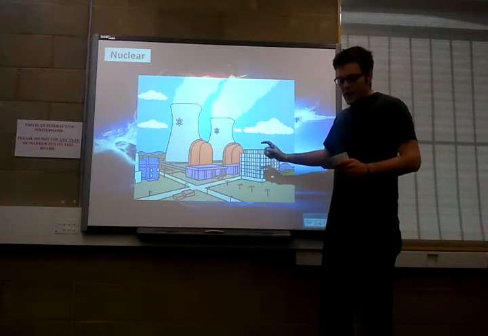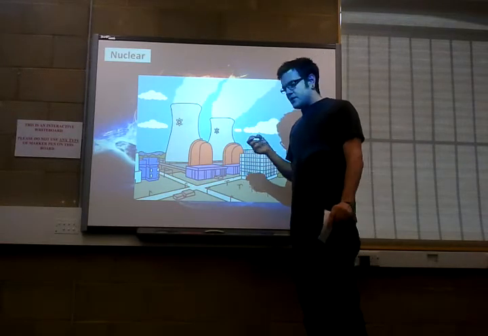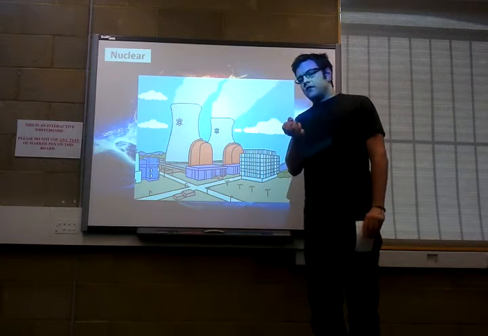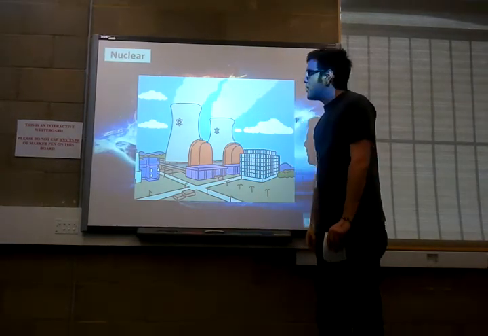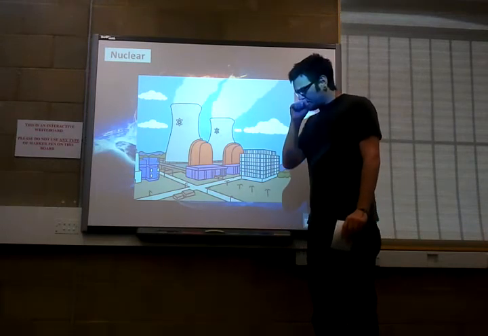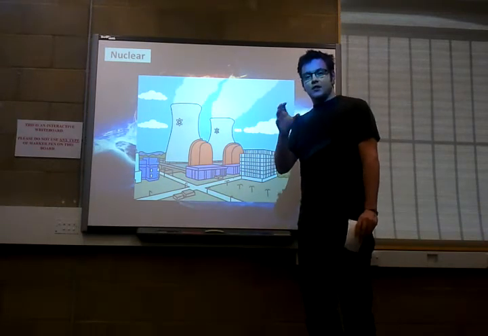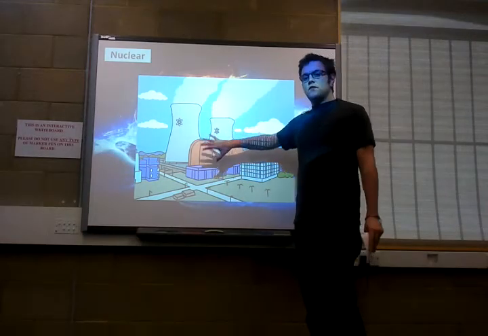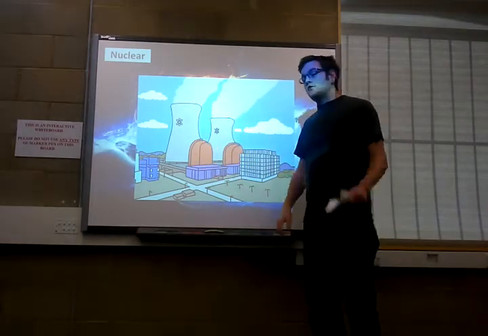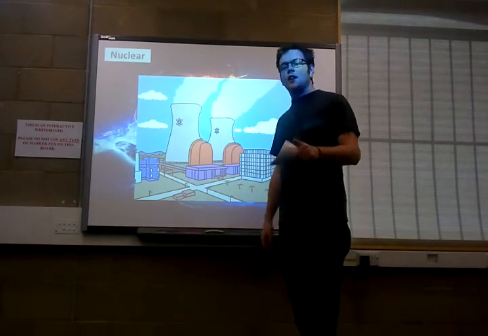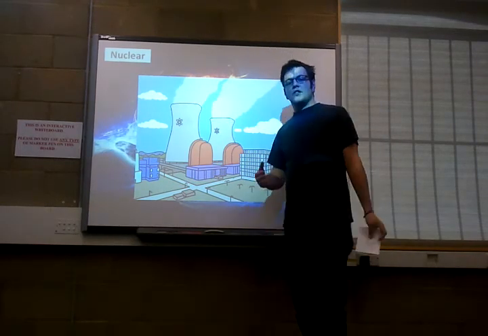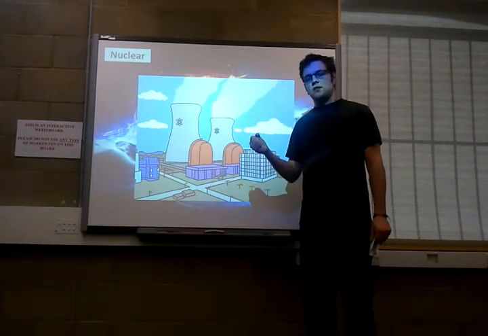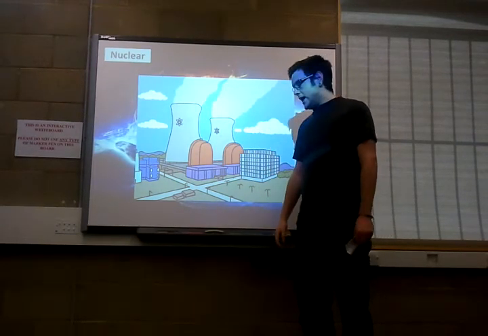Nuclear, as the name suggests, is all to do with harnessing the energy of the nucleus of atoms. There are certain materials which are called radioactive, which is to do with the nucleus. Those are the materials involved in nuclear power plants. That's also what's involved in the sun. That's how the sun produces all of its light and all of its heat, through nuclear processes or radioactivity.